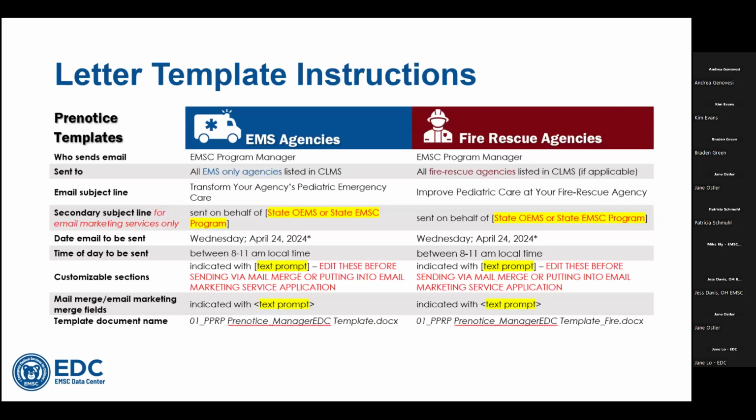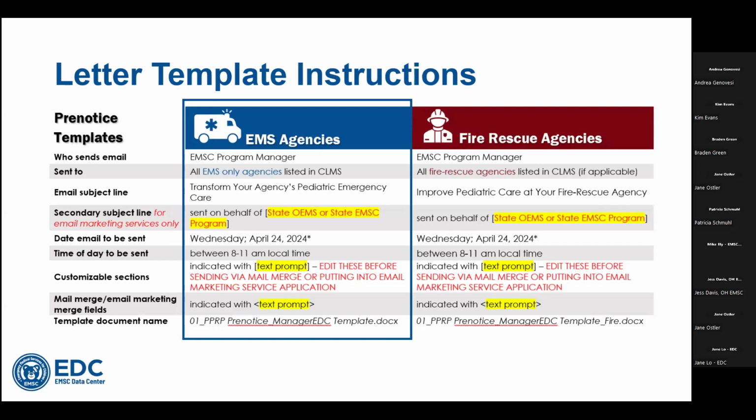With the letter templates will come a set of instructions for each template type. So what you see on your screen is just a portion of the instructions for the pre-notice templates for the EDC-led process. I'm going to go over this first and show you how it applies to the pre-notice letter template. You can see that, again, there are different instructions for EMS agencies on the left there.